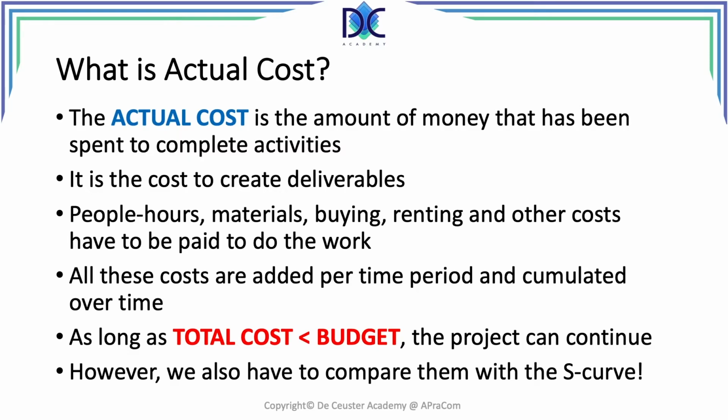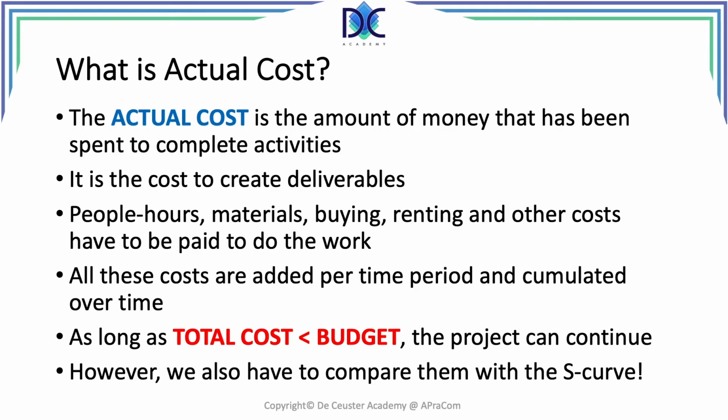What is the actual amount of money that we are spending to create that specific deliverable or that set of deliverables? We may need more people, we may need more materials, we have to buy more things than we estimated. All these things have to be calculated and we find the actual cost for the creation of the deliverables.